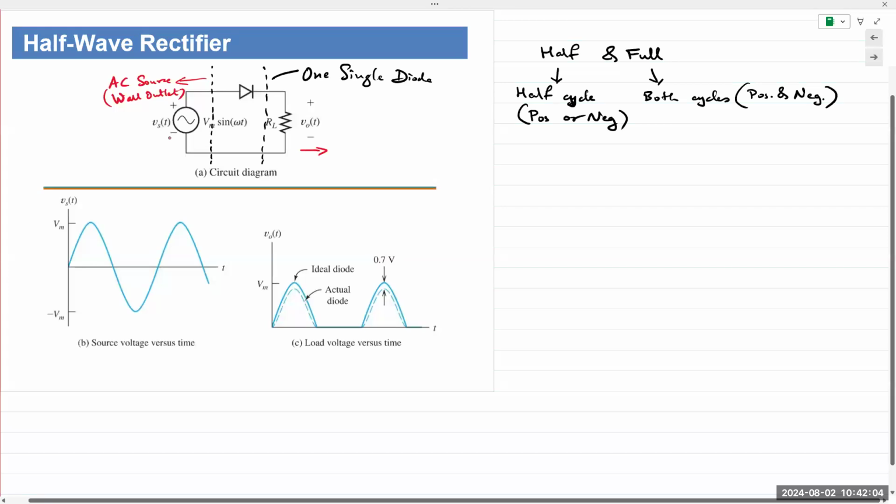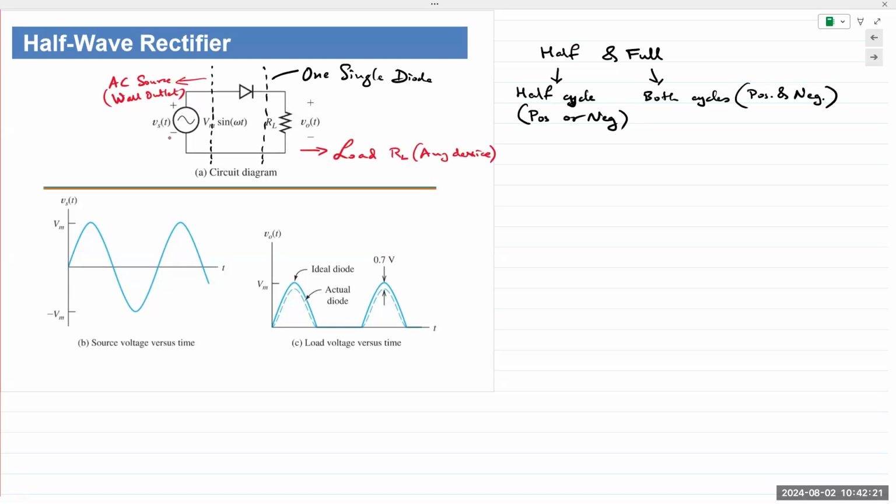And this would be the load, and the load RL could be anything, any device. So again, there's not much to the circuit. You simply have a diode, you connect it to a source, and it's a half-wave rectifier. Now let's see how it works as a half-wave rectifier.